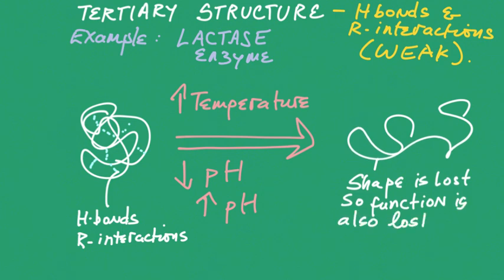This is extremely important because the body maintains a specific range of temperature and pH, because if this does not happen, all proteins will denature and death is the result. So far, we have looked at primary, secondary, and tertiary structures.